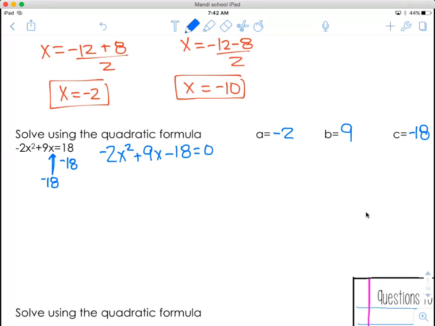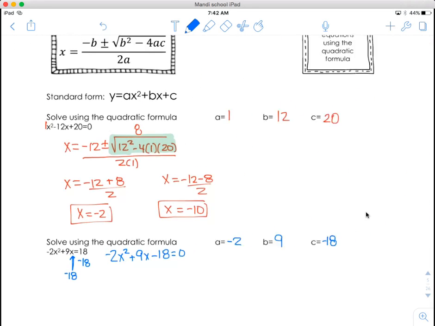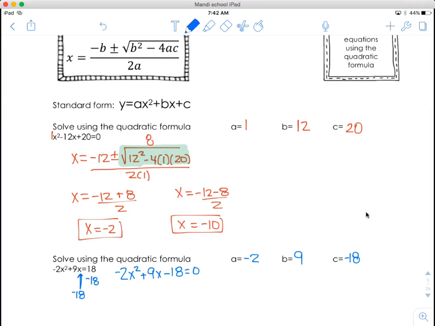Taking everything and putting it into the formula. So let's go back here. I'm going to shrink it down so you can see the formula, see where we're plugging this into. X equals negative b plus or minus the square root of b squared. And b isn't negative, that's why it isn't in parentheses. But if it was, you'd have to put it in parentheses.